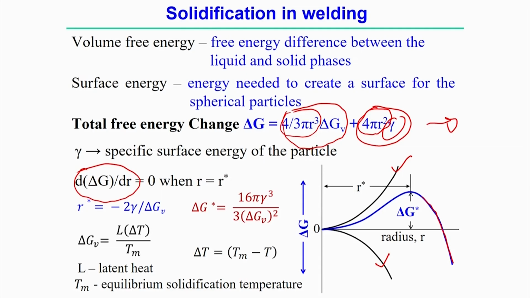The critical size can be represented in terms of the specific surface energy and the volume free energy: R star equals minus twice gamma divided by delta G V, a ratio of the surface energy to the volume free energy. So, these two types of energy decide the critical size of the nucleus so that it can grow further.